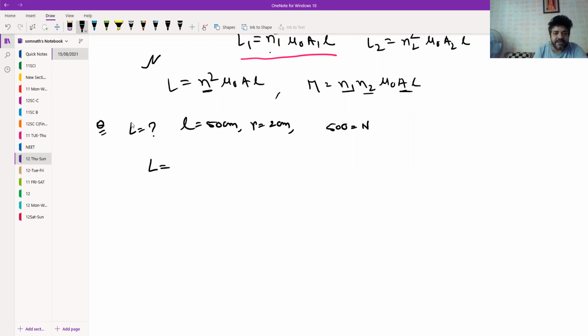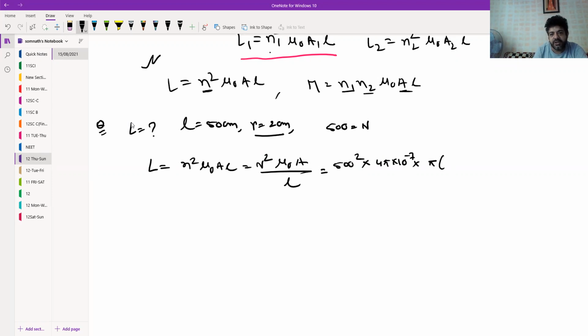We know the self-induction formula is n square mu naught A L, or we can write it as n square mu naught A by L. So 500 square, mu naught 4 pi 10 to the power minus 7, area is pi r square, 2 into 10 to the power minus 2 whole square, by length 50 centimeter, that is 1 by 2.